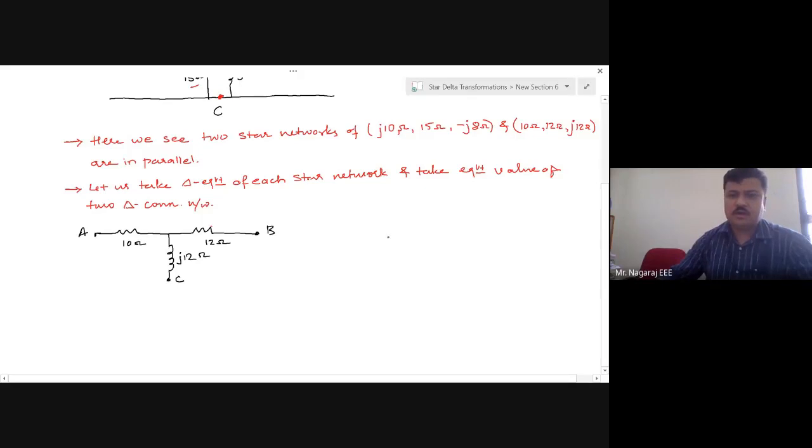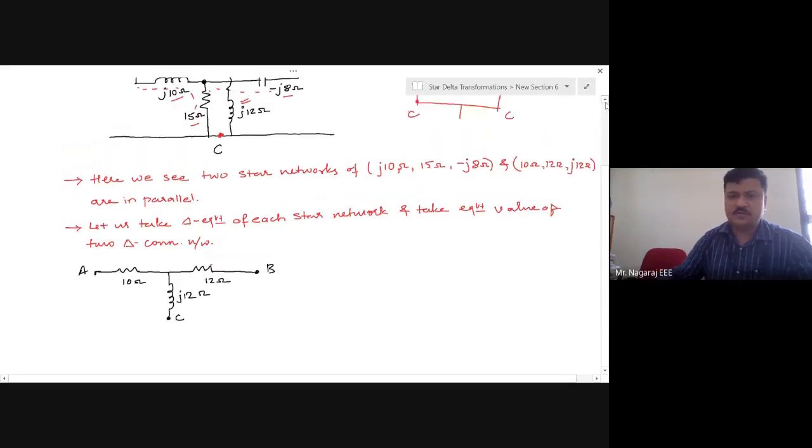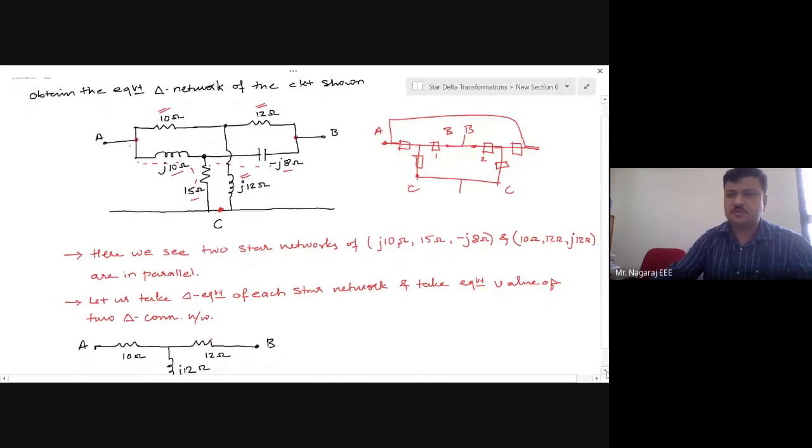And I will take another star connected network separately.